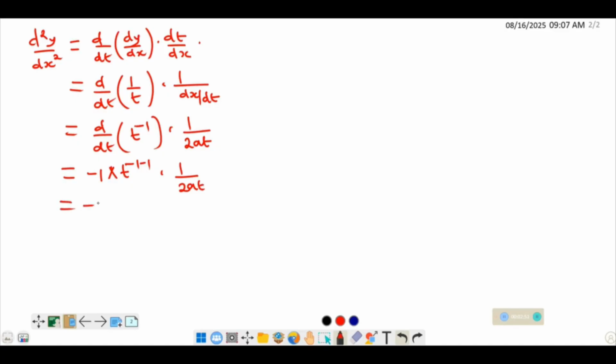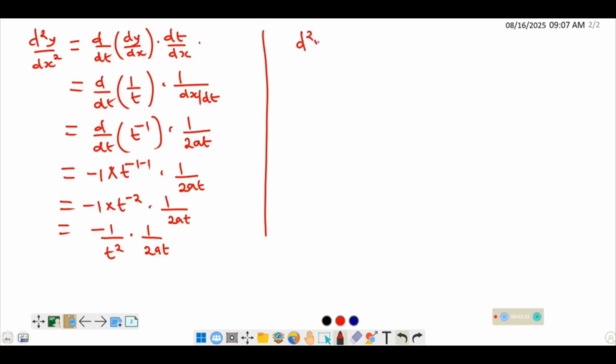So this gives us negative 1 times t to the power negative 2, times 1 upon 2at, which is negative 1 upon t squared times 1 upon 2at. Finally, we obtain d2y/dx squared as negative 1 upon 2at cubed, and this will be our answer.